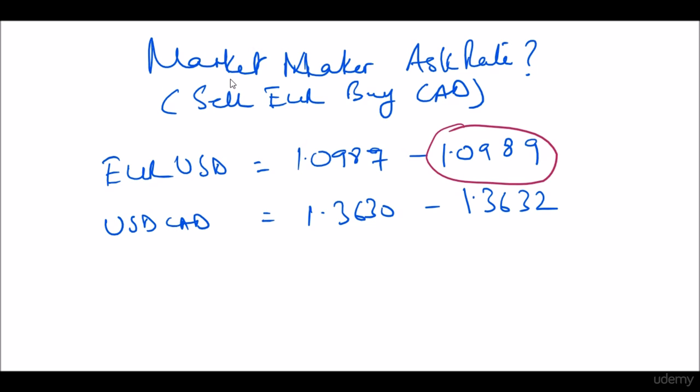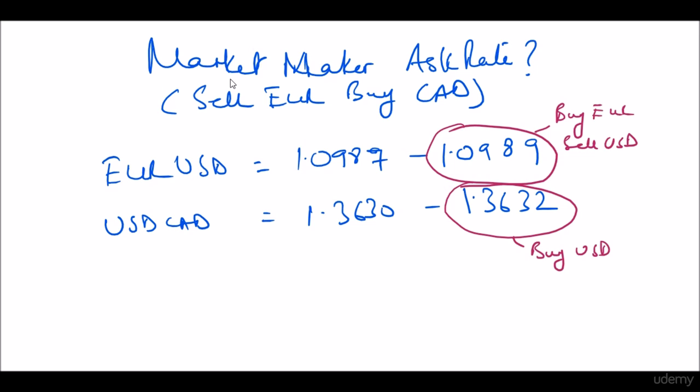So in order to do that, we would need to buy euro and sell Canadian. We would buy euro and sell US dollars at 1.0989, which is the ask price in the market, and we would need to take those dollars and sell Canadian at 1.3632.